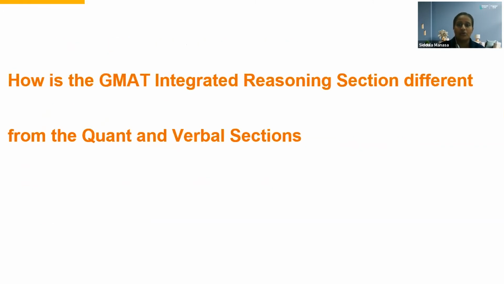Now, how do you think GMAT integrated reasoning is different from your verbal score? I already told you, it is quite different. It actually measures different business skills in the form of data interpretation question types.